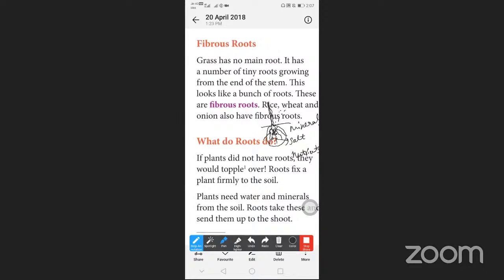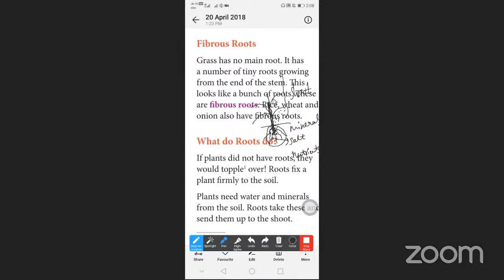To whom is it sent? To the parts of the plant, meaning the shoot system. Above the ground is the shoot system, no? So it is taken by the roots, and that water and the minerals, all these things will be supplied to all body parts of a plant.